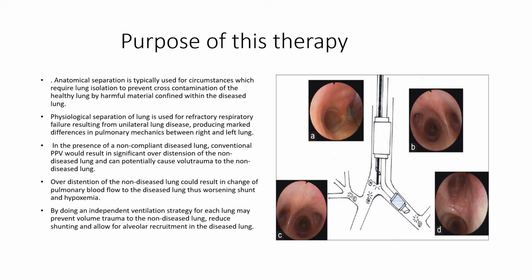An independent lung ventilation strategy for each lung may prevent volume trauma to the non-diseased lung, reduce shunting, and allow for alveolar recruitment in the diseased lung.